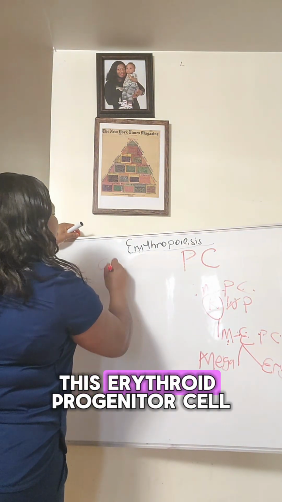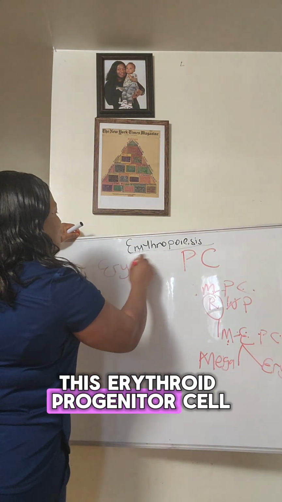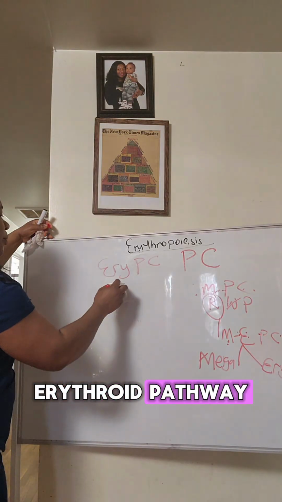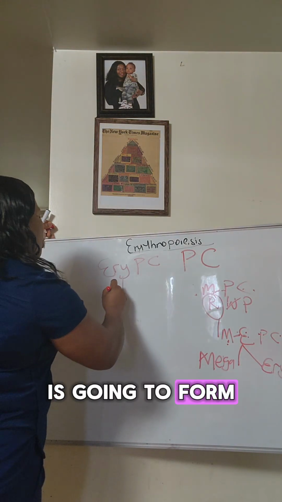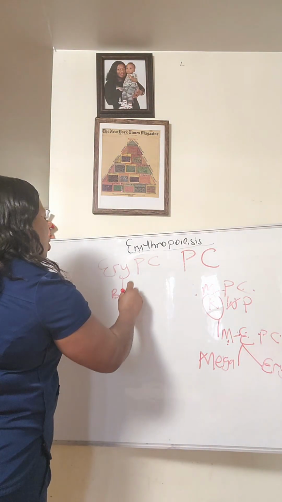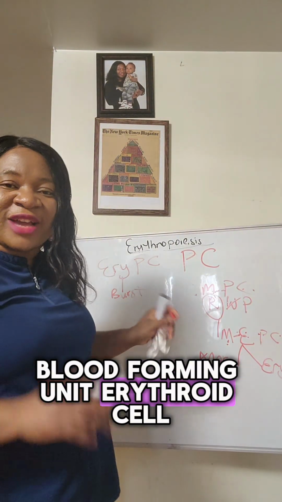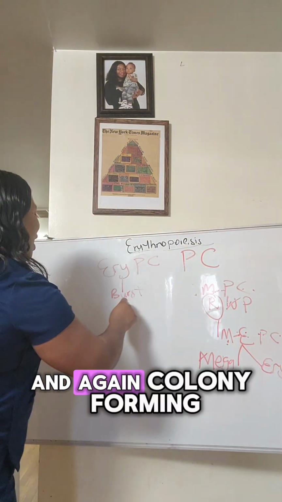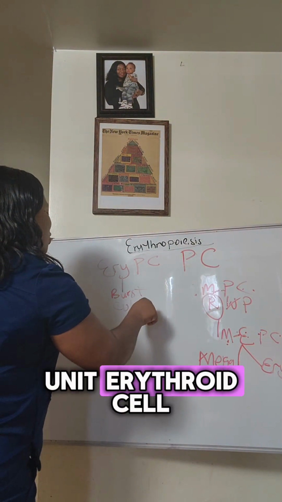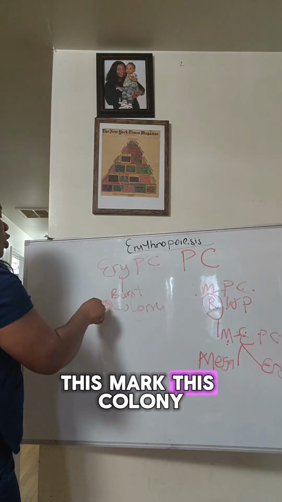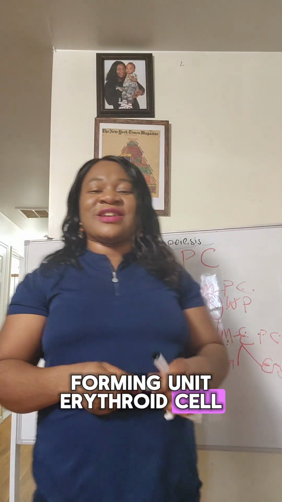This erythroid progenitor cell, the erythroid pathway, is going to form the burst forming unit, erythroid cell, and again the colony forming unit, erythroid cell. Mark this colony forming unit, erythroid cell.